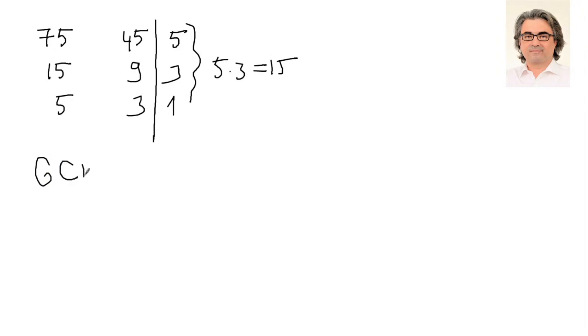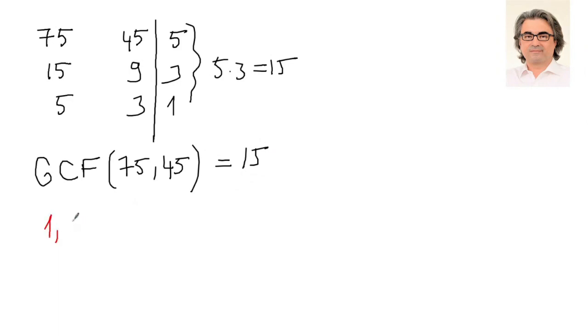The greatest common factor of 75 and 45 is 15. Knowing the greatest common factor means finding all common factors of 75 and 45. If you find all factors of 15, you will reach the result. Let's write here at the end all factors of 15.